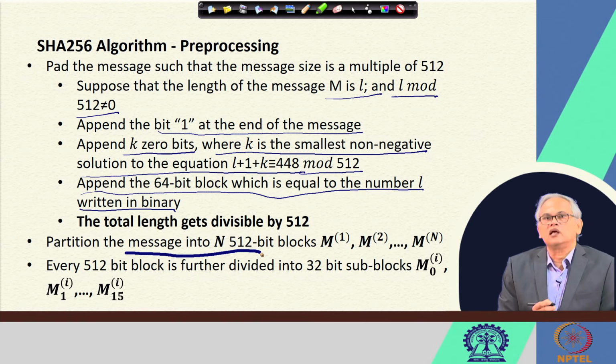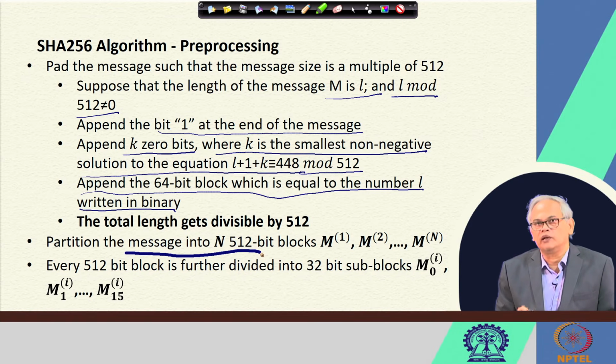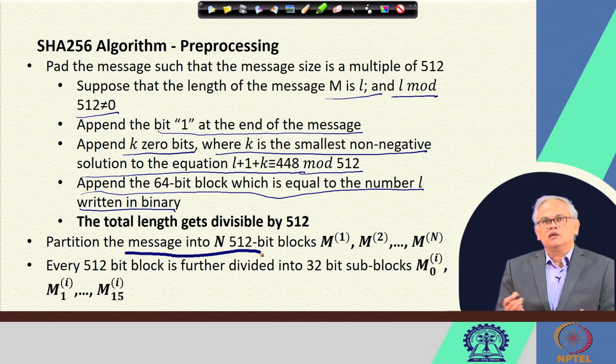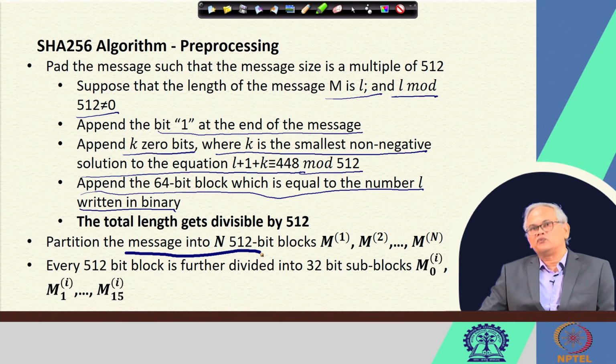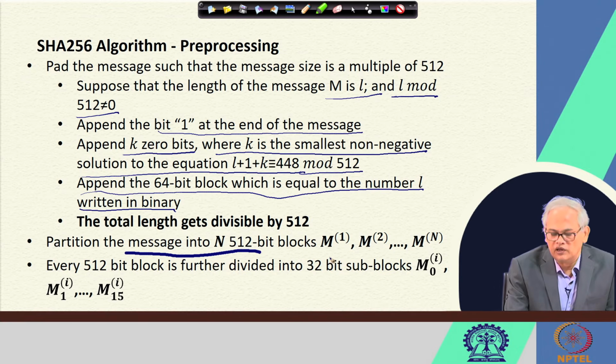Okay. So, say the length is now 1024, then we can partition the message into two 512 bit blocks, and we call them, say, M1 and M2. If, instead of 1024, the length is 2048, in that case we will partition this message into four 512 bit blocks, and we will call them M1, M2, M3 and M4.